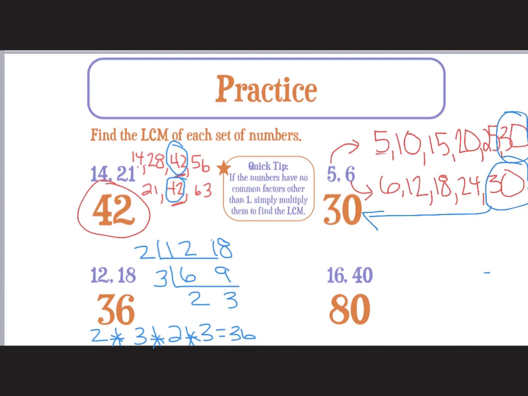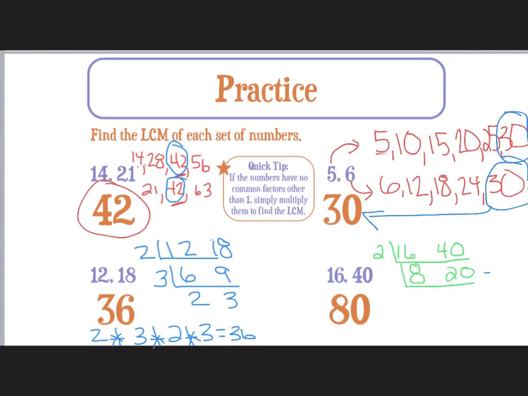So now let's do 16 and 40 using the ladder method. So I have 16 and I have 40. Neither of those are prime numbers, but I know that 2 goes into both of them, so 2. So I'm going to say 16 divided by 2 is what? Or I also could say 2 times what number is 16? Well, 2 times 8 is 16, and 2 times 20 is 40.